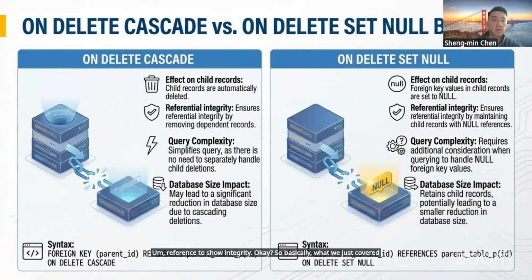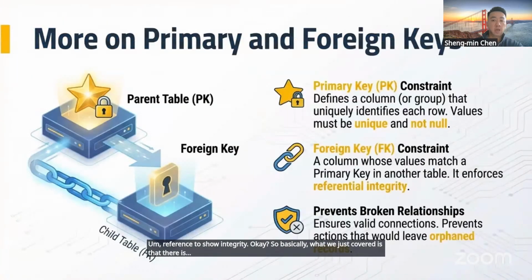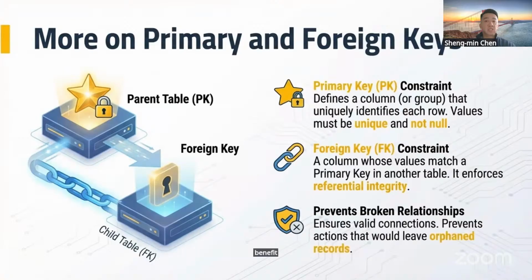Okay, so basically what we just covered is that there is benefit when you use these constraints, and they are often used because they automatically ensure that there's integrity within your schema and within your relationships, right?